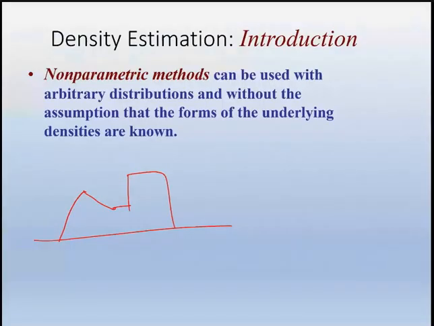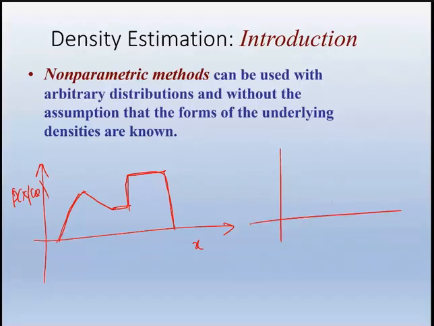If this is my actual data, then I should be able to fit or find out this probability of x given omega very easily if I go with a non-parametric method. You can have any shape, maybe some triangular here, then like this.